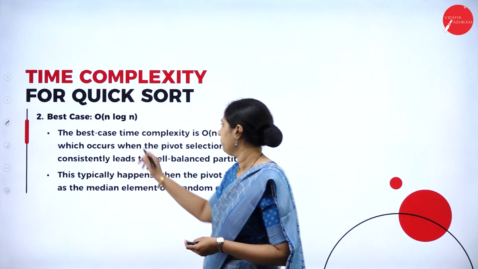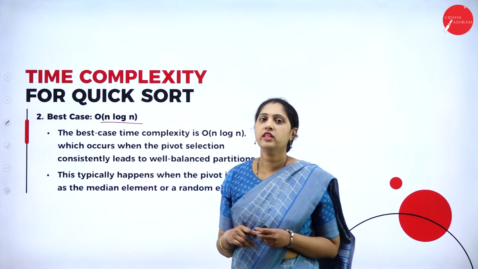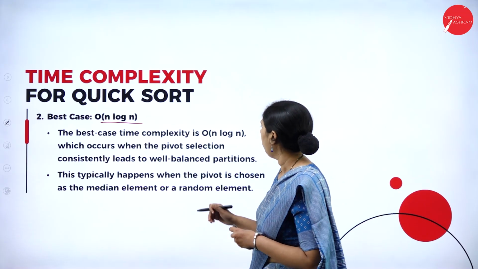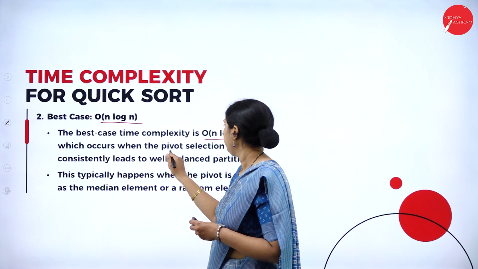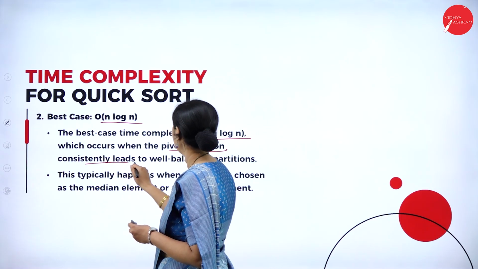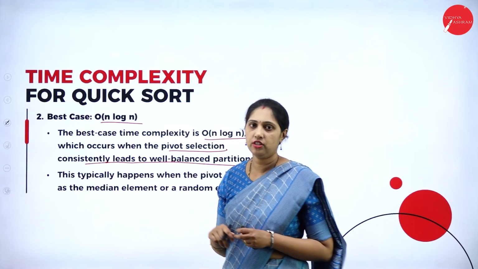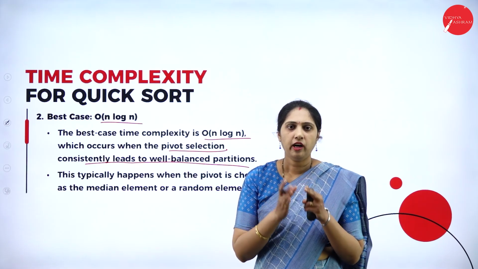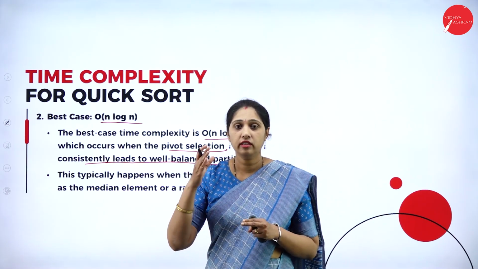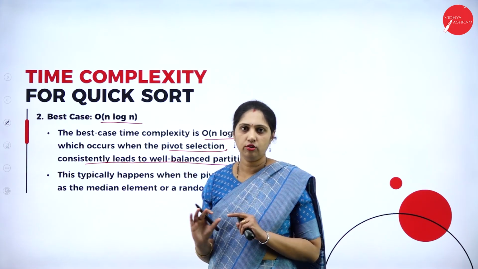Best case is also the same. It is also big O of n log n, which occurs when the pivot selection consistently leads to a well-balanced partition. We have taken a pivot element such that the partition is well-balanced. The divide approach is good.